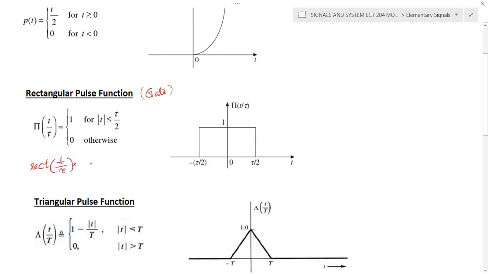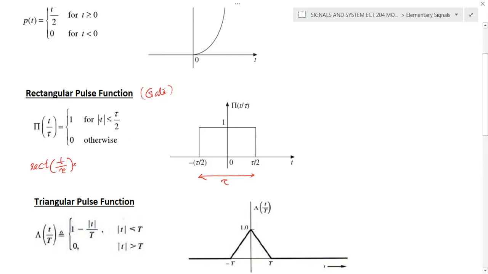The very important factor, if you write tau in the denominator, it's actually indicating the width of the pulse. So the total width of the pulse is indicated in the denominator. So here it is tau. So it will be tau by 2 on the right side and minus tau by 2 on the left side. So it's an even function in this particular case, and the magnitude is written here, that is 1.